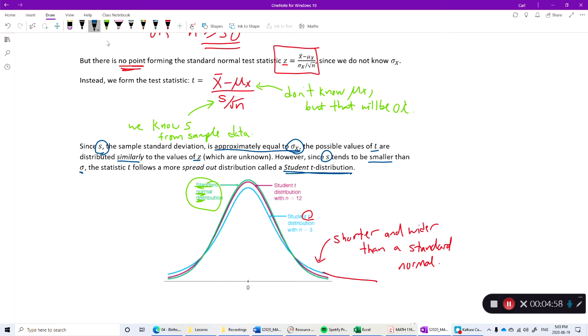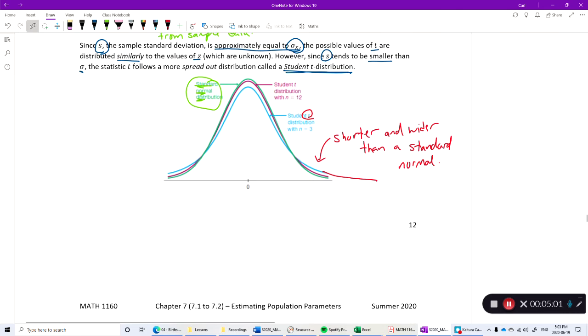Now, there's another complication here, which is that the t distribution changes depending on n.